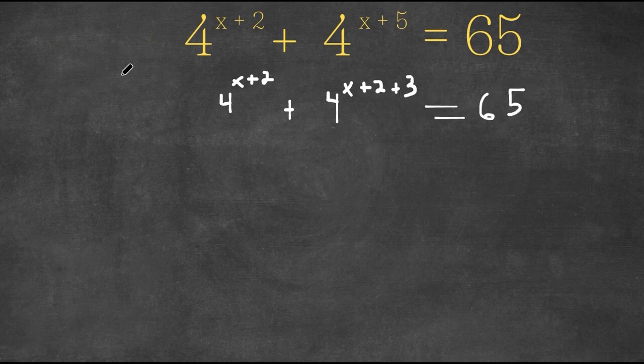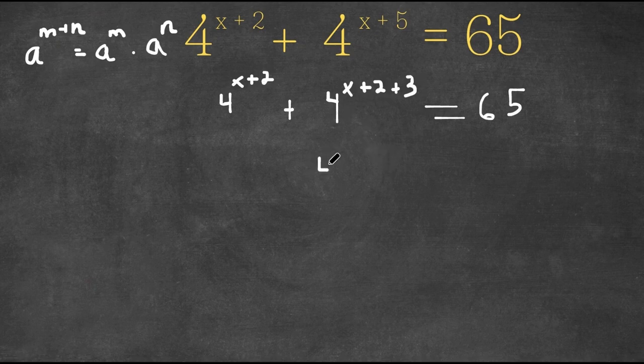Now, if we have something in the form a^(m+n), this is also equal to a^m times a^n. So as you can see right here, we have 4^(x+2+3).